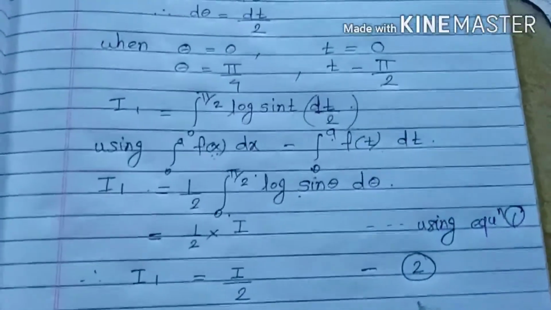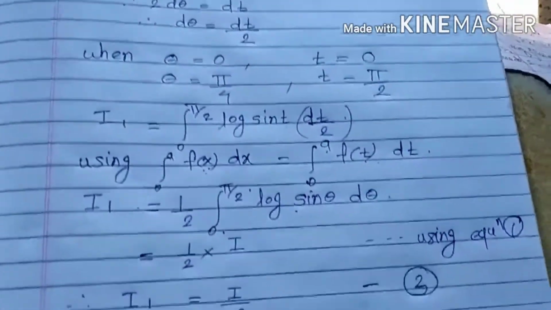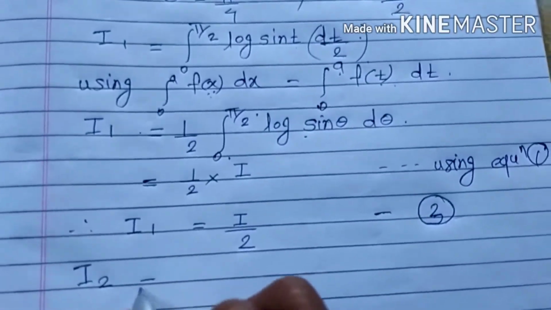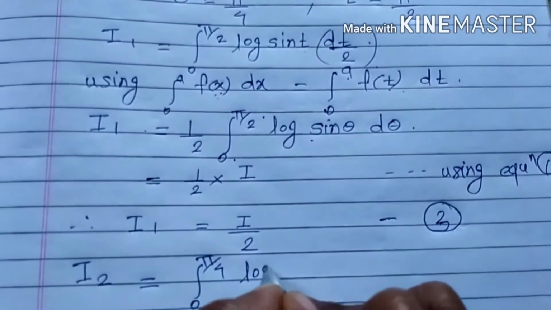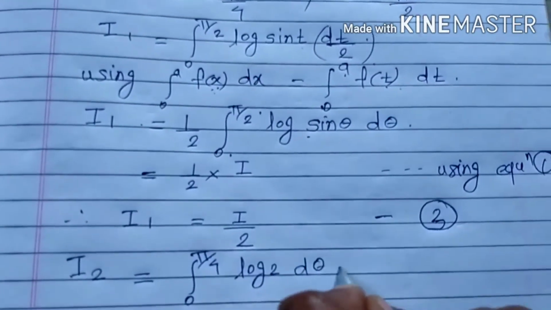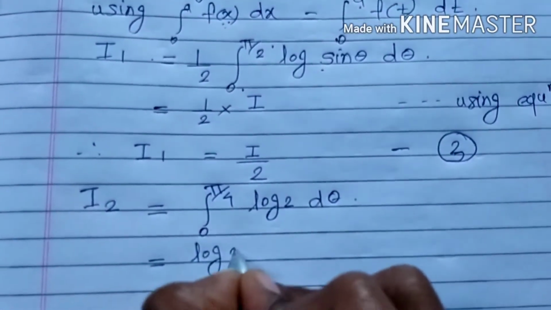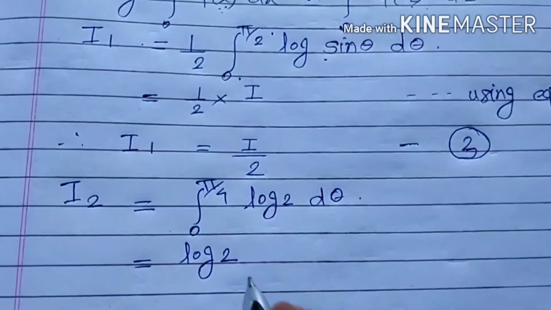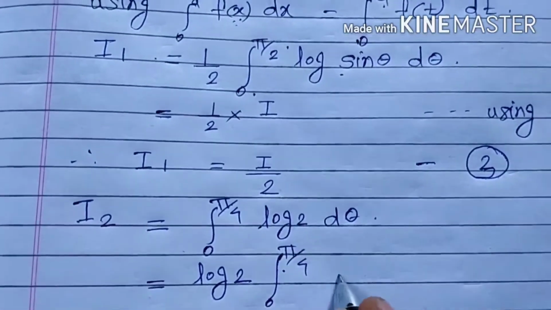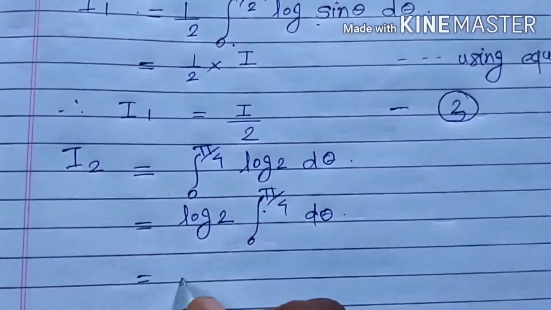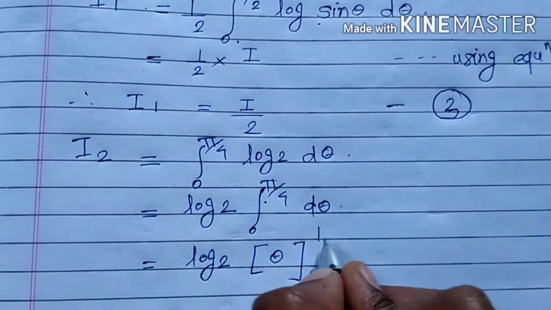Next we have to check I2. I2 is equal to integral from 0 to pi by 4 of log 2 d theta. Log 2 is constant, so take it outside of the integration, and the integral of d theta from 0 to pi by 4 is theta. So it is log 2 times theta, with limits 0 to pi by 4.